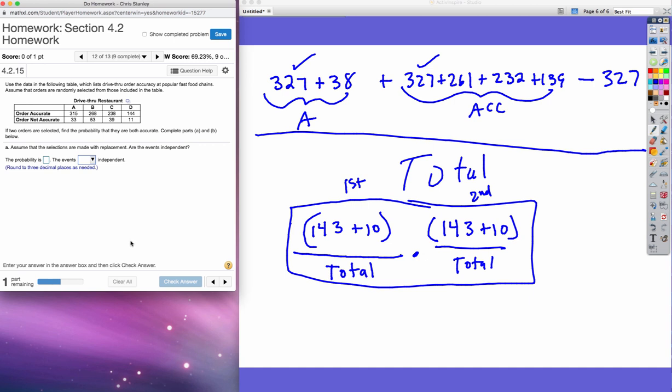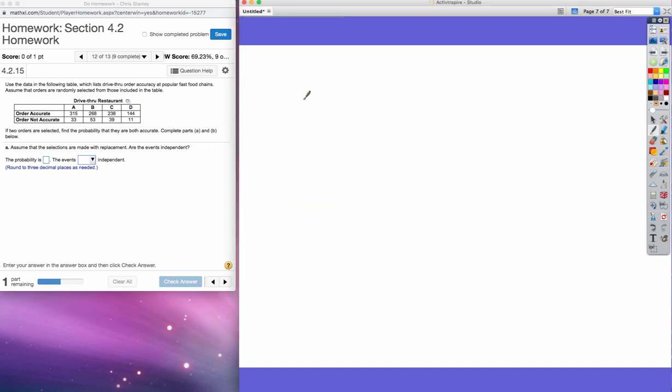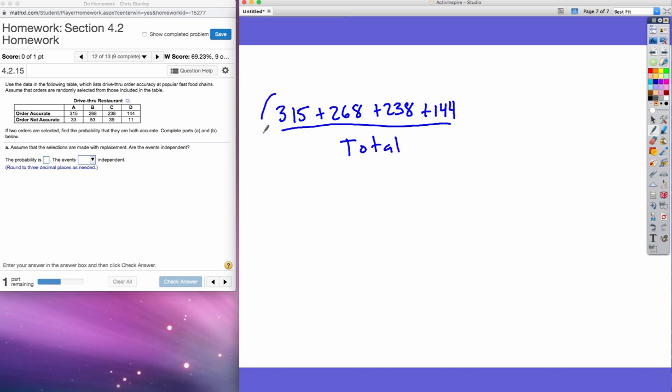Okay, this one I guess I'll do. Two orders, they're both accurate. So accurate is going to be 315 plus 268 plus 238 plus 144. That's going to be divided by the total. Actually, I'm just going to have you guys do it.